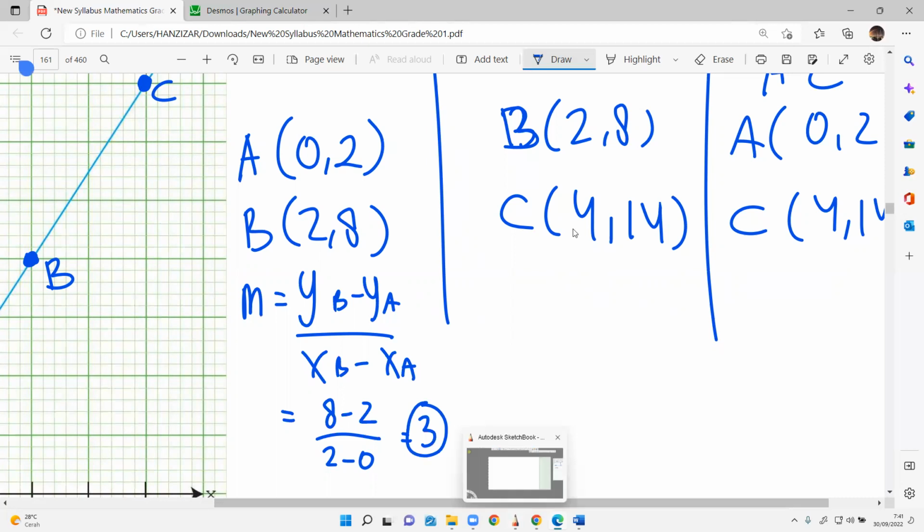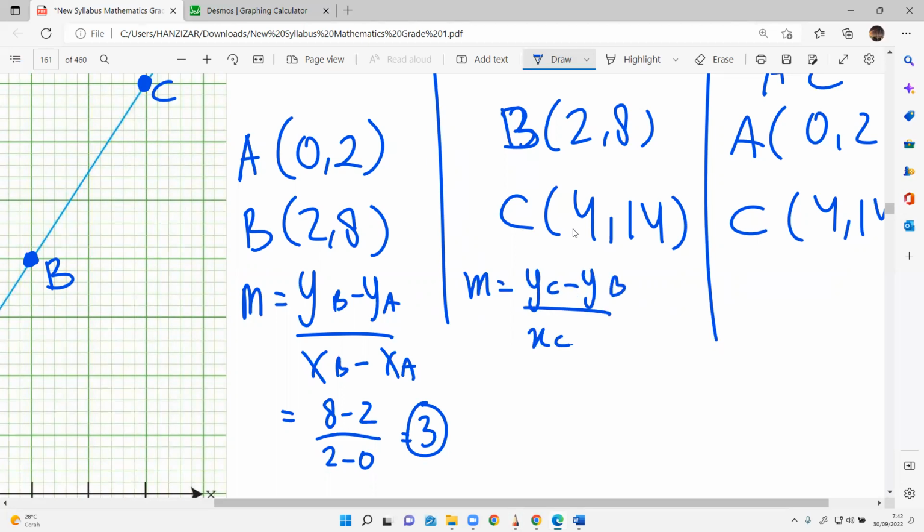Jones' answer: yC minus yB over xC minus xB. Sama aja ya. Lihat formulanya deh, sama nggak? Oke, 14 minus 8 over 4 minus 2. 6 over 2. 3 also.